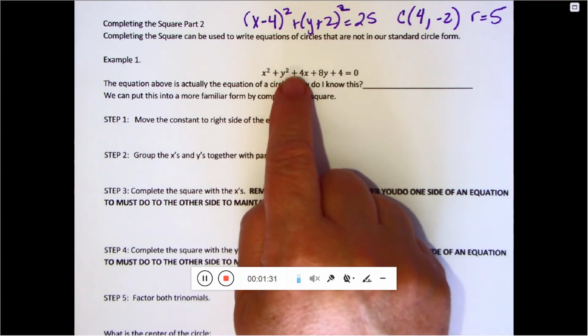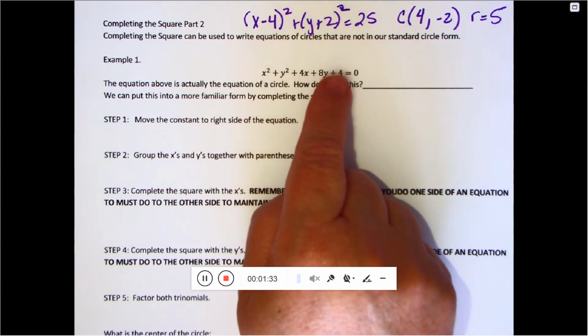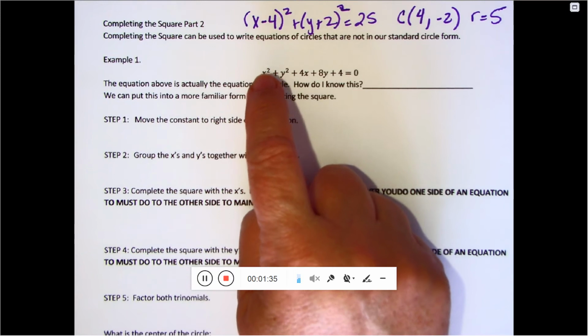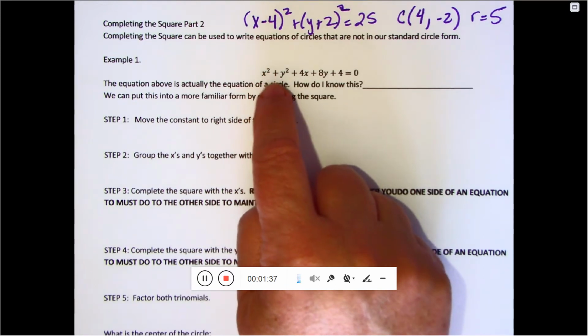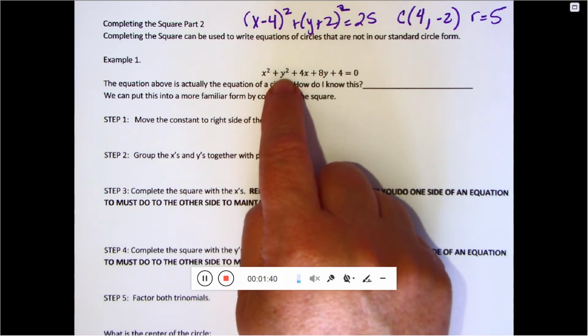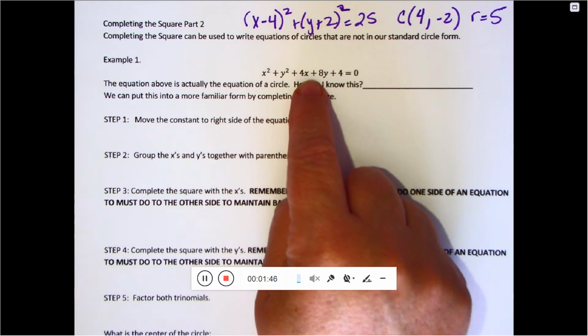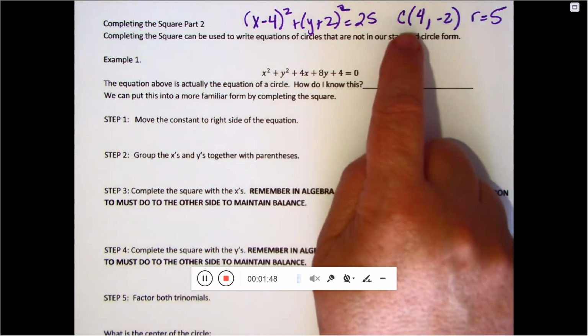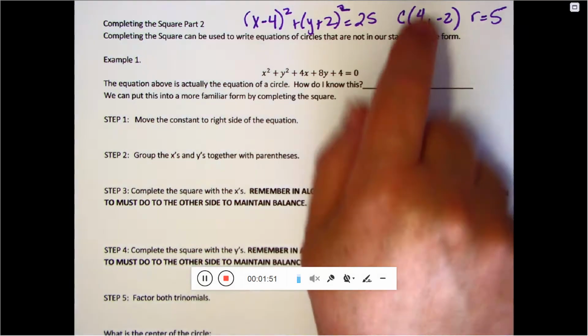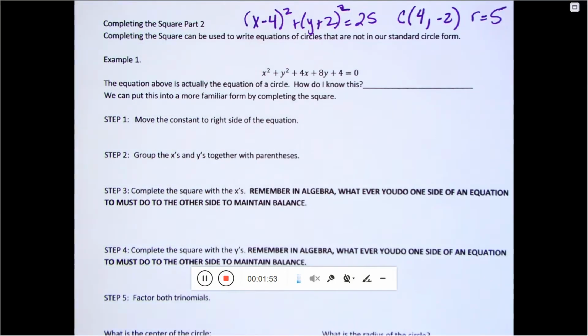Okay, this is a circle, and I recognize that it's a circle because I have a 1x squared and a 1y squared. However, when it's in this form, I cannot pull out the center and the radius.